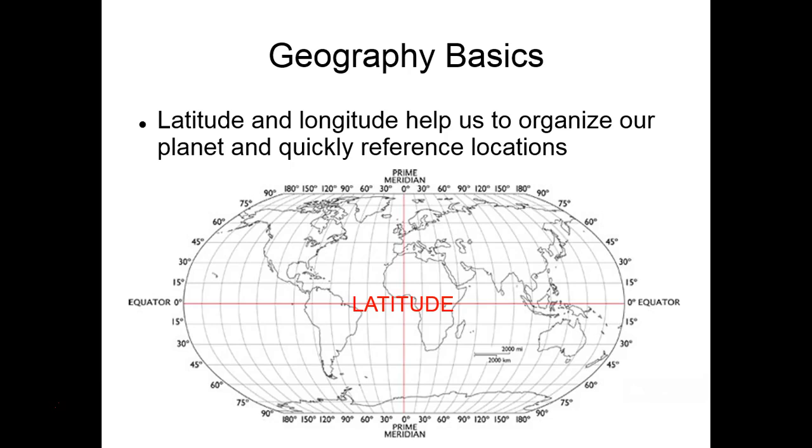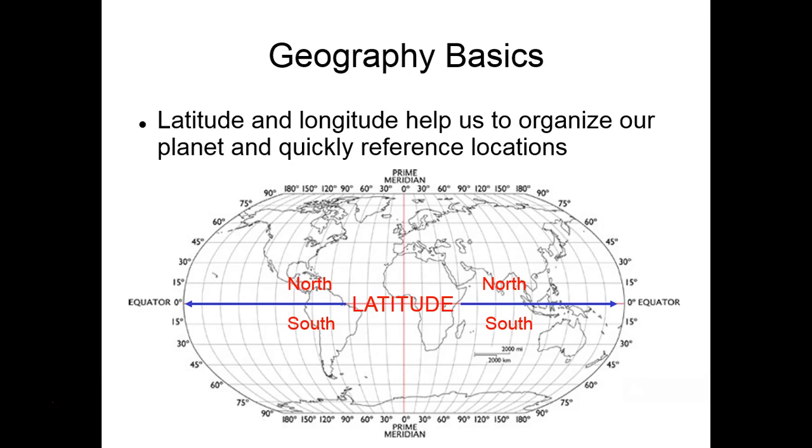So our 0 line of latitude is called the equator. So the equator is said to be at 0 degrees. Anything north of the equator is in the northern hemisphere, and anything south of the equator is in the southern hemisphere. Okay, so essentially the equator splits our world into north and south.